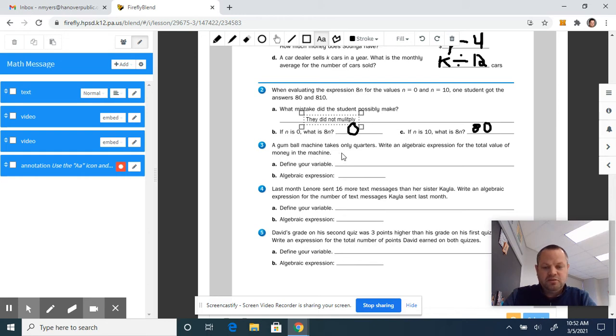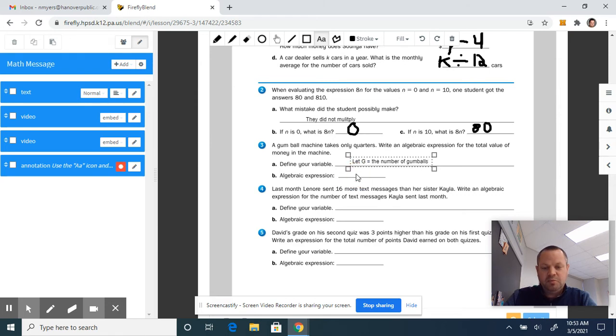A gumball machine takes only quarters. Write an algebraic expression for the total amount of money in the machine. Here it says define your variable. You can pick any letter that you want to use here. Gumball starts with the letter G, so let G equal the number of gumballs. So I'm going to use G to represent gumballs. That's what I'm trying to figure out. This statement just tells me what your variable represents.